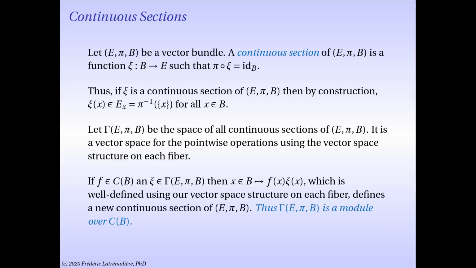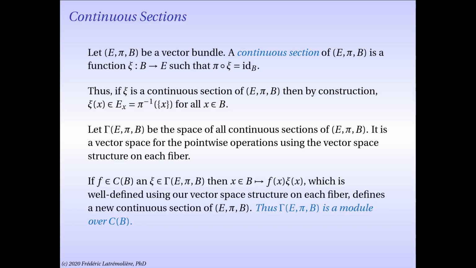Indeed, let f be a complex valued continuous function over B, and let ψ be a continuous section of our bundle. For each x in B, we set (fψ)(x) to be equal to f(x) times ψ(x), using the vector space structure on the fiber E_x.